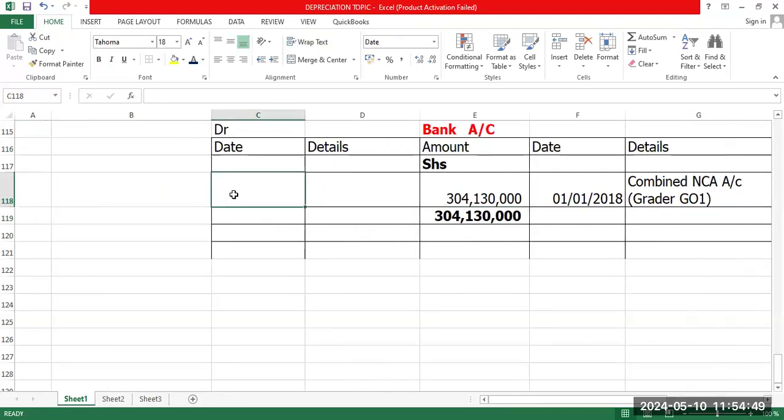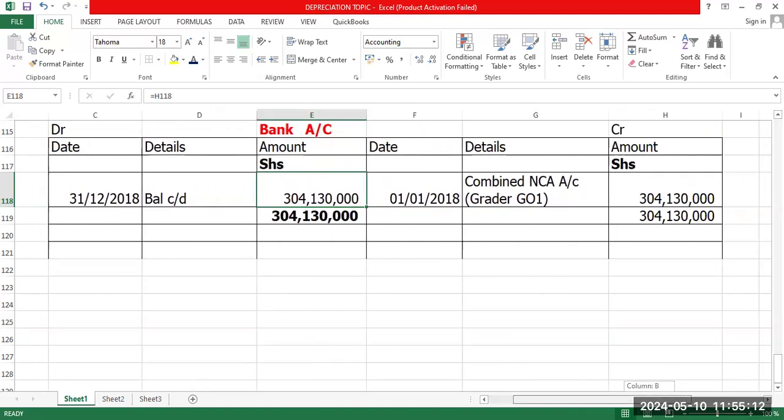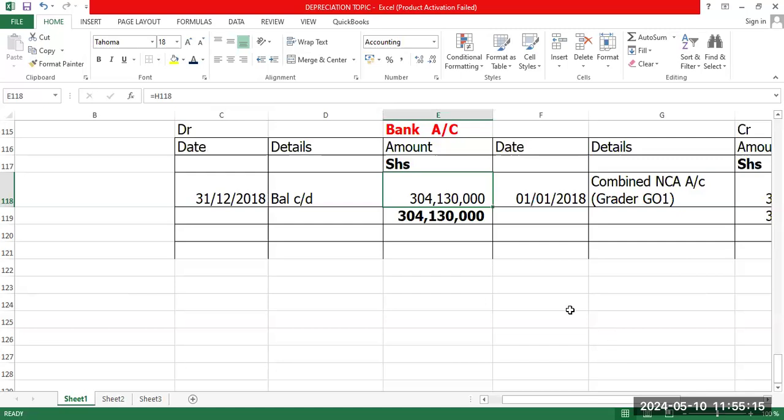This is on 31st December 2018. This is balance carried down. When you're starting another year, this will be fast, because it is not a must that the bank account start with a debit balance.